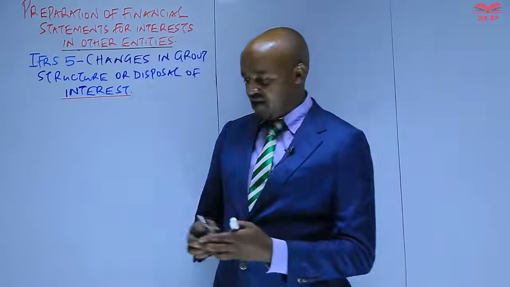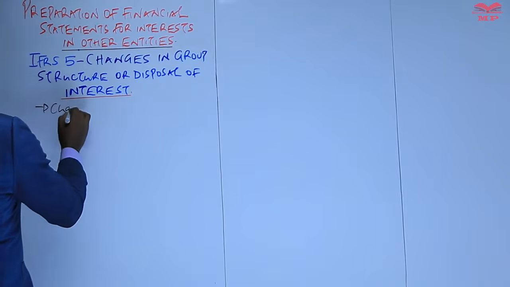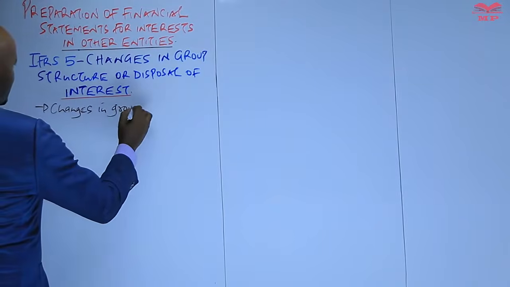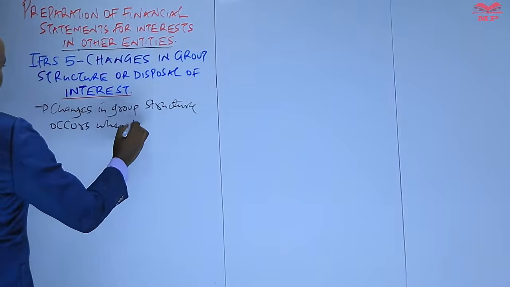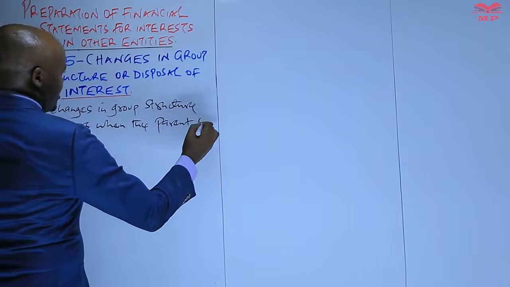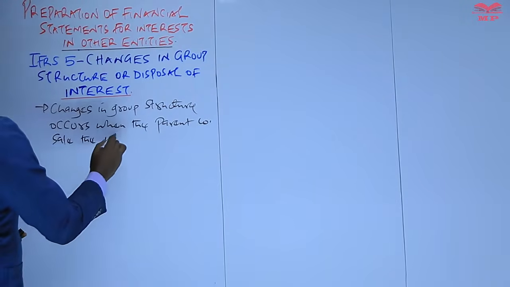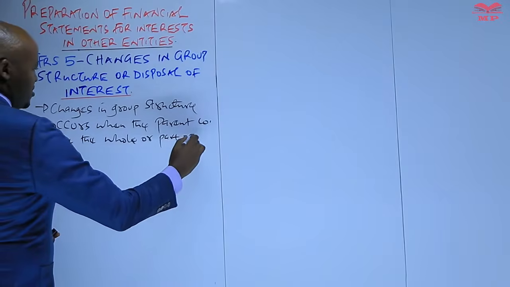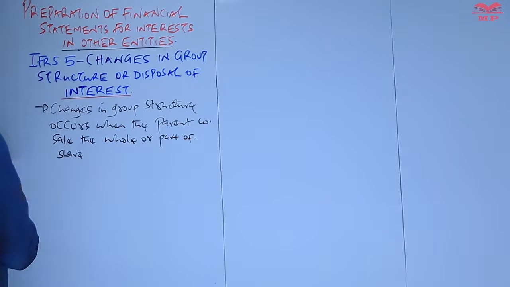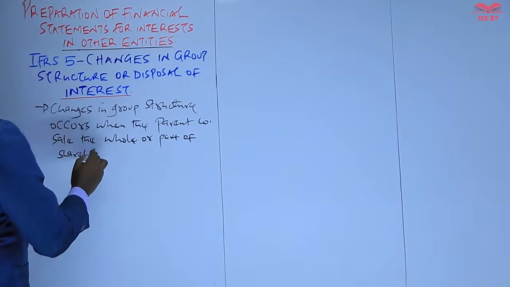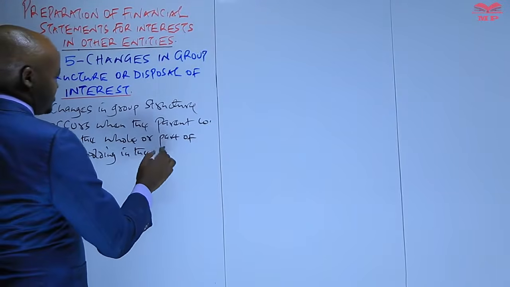But before we even do that, we can have an introduction to this, and we say that changes in group structure occurs when the parent company sells the whole or part of shares, shareholding in the subsidiary company.